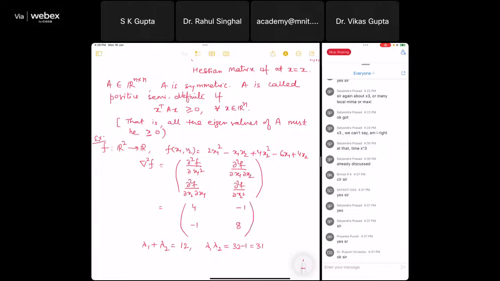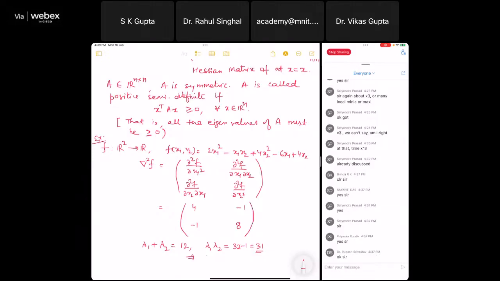Now, because the product of the lambdas is positive, both lambdas are either positive or both are negative. If both are negative, then the sum cannot be 12; it will be negative. So that means both eigenvalues are positive. And both eigenvalues being positive means it is positive semi-definite, and this implies that the function is a convex function.